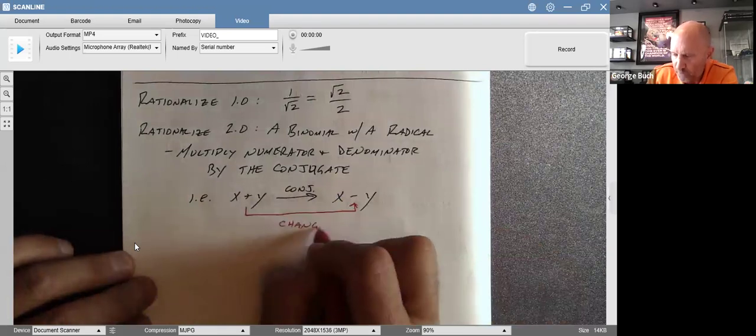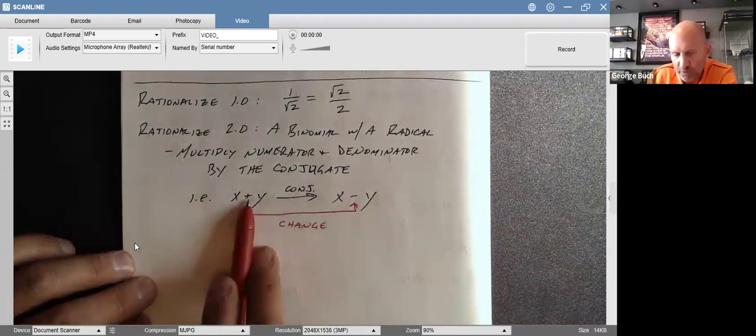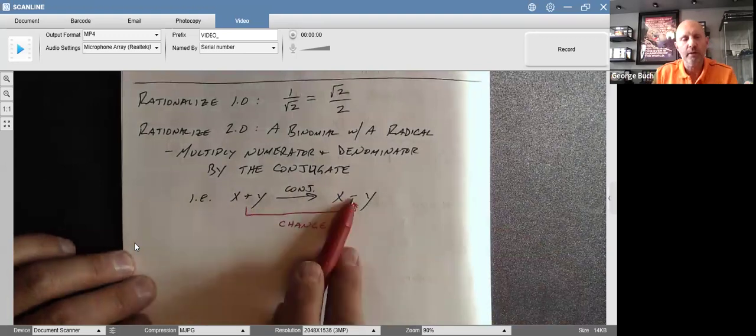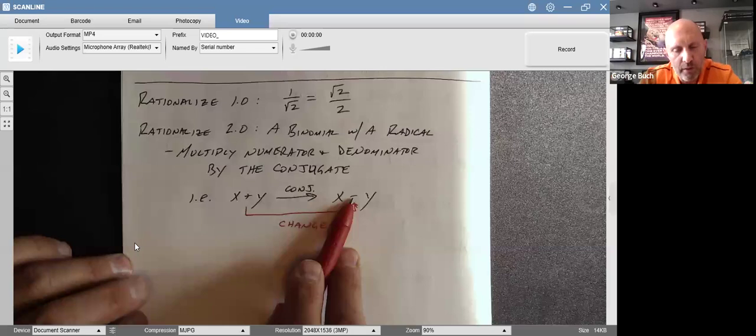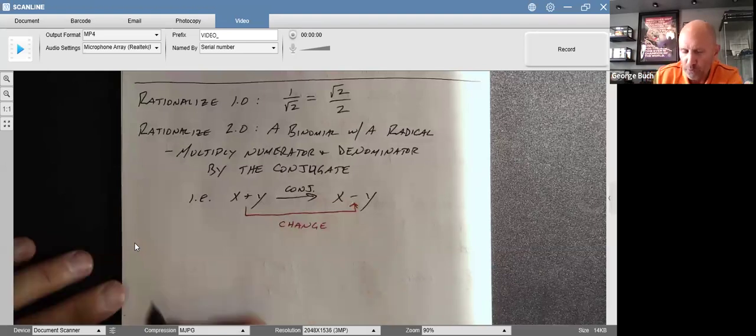If it was positive here, it's negative here. If it was negative, it's positive. The reason we do that, as we'll see with the example, is that when we FOIL it, the outside and inside terms are opposite, so they cancel each other out, and then we get rid of the radical. So let's look at an example real quick.